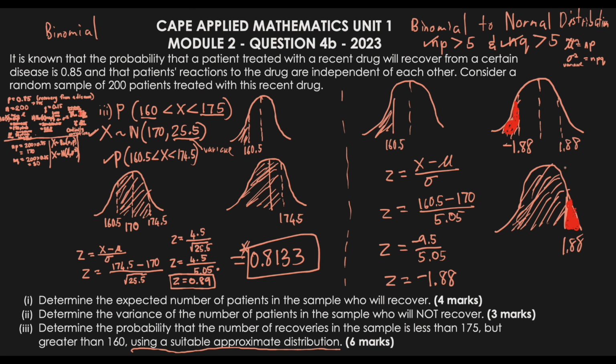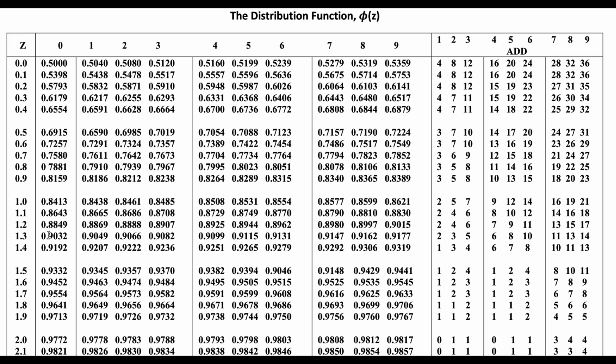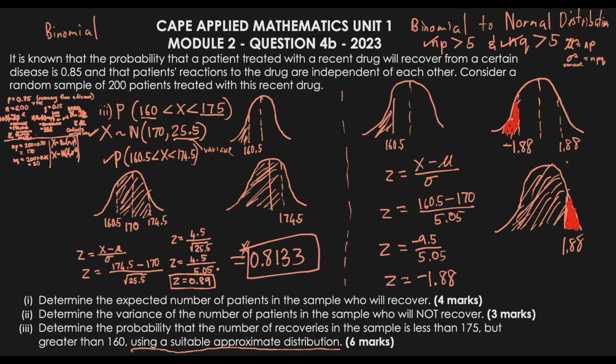So let's look for 1.88. That would be 1.8 here, then 8 here. So 1.88 is 0.9699.